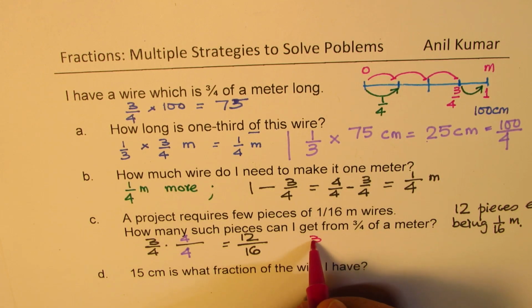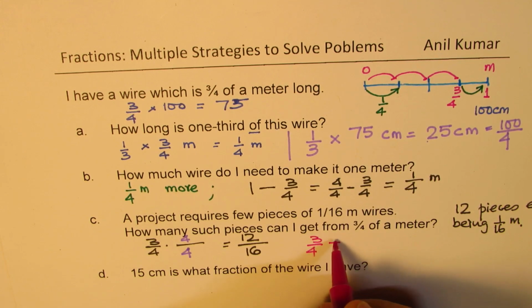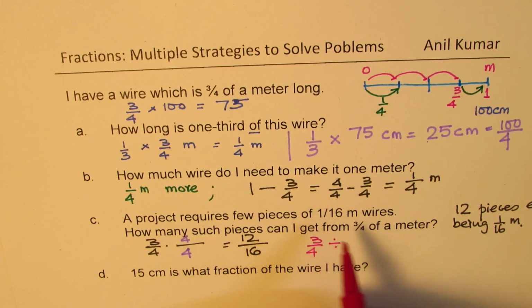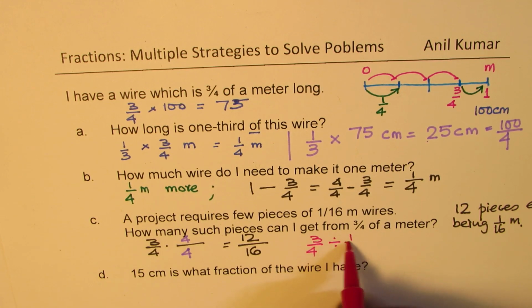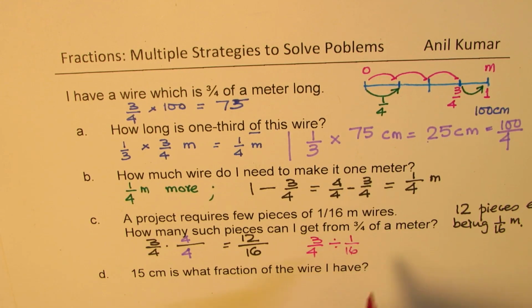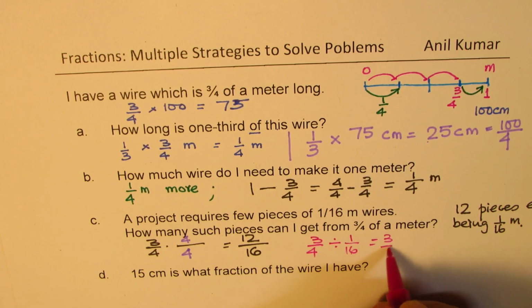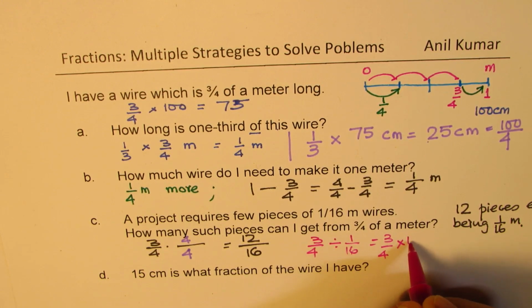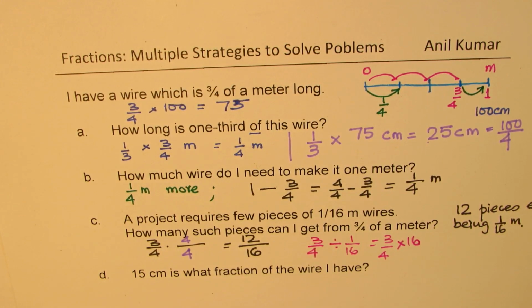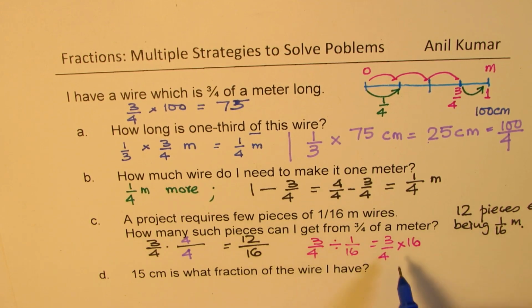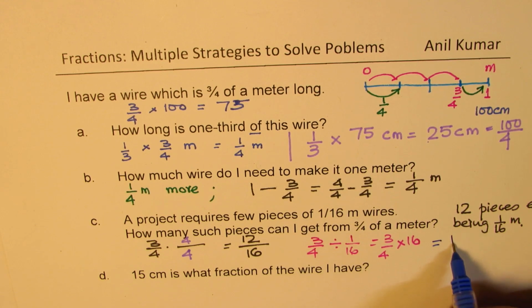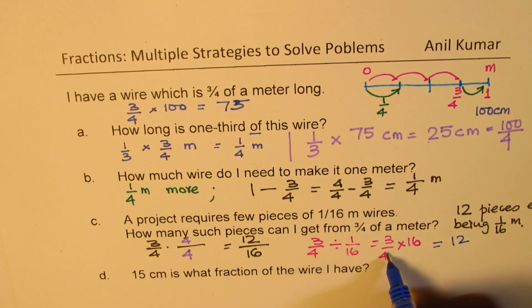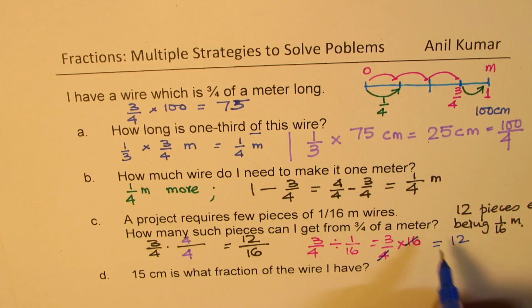So we have 3/4. We are going to divide this by 1/16, right? So when I divide by 1/16, it really means what? It means 3/4 times 16, correct? 3/4 times 16. So the easy way to get this solution is you could multiply, get 48, divide by 4 to get the answer as 12, or you could divide 16 by 4 first, right?